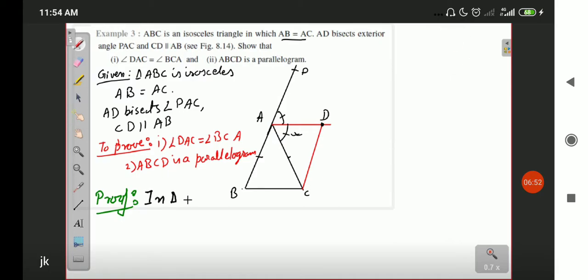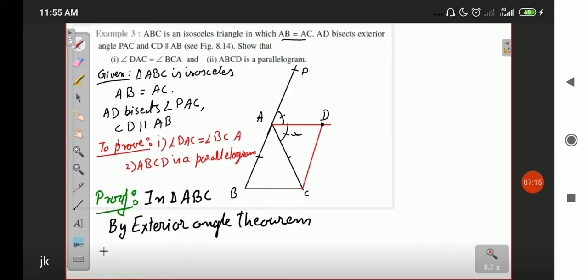So we will start with, in triangle ABC, by the exterior angle theorem, or you can say exterior angle property, angle PAC is the exterior angle for this triangle. Let me draw the figure once again so that you can understand it clearly.